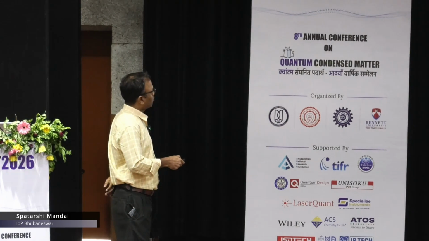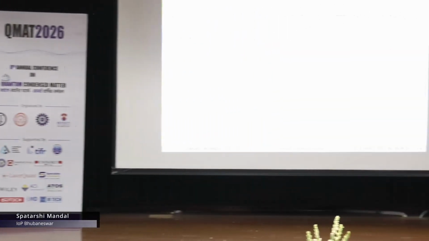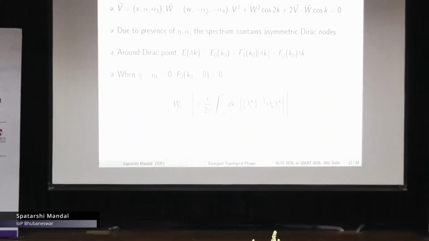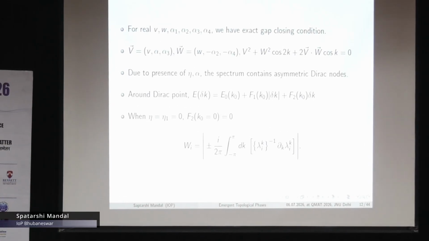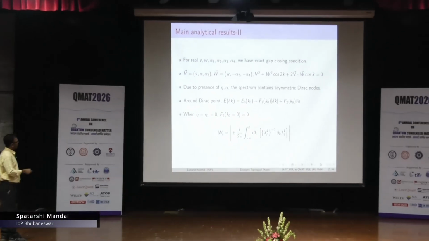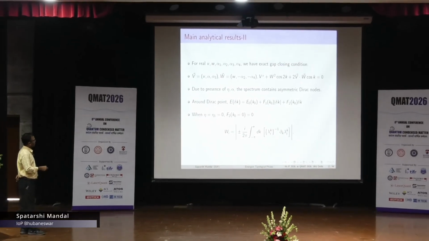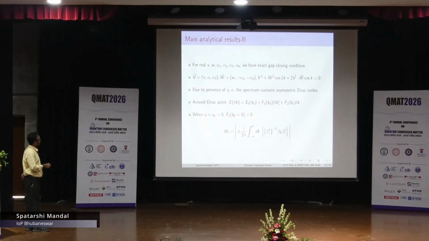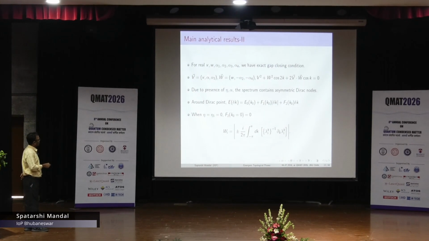Then what we found is that in the presence of all these parameters V, W, alpha 1, alpha 2, alpha 3, alpha 4, this gap closing point can be nicely put in this kind of equation, where my V is now a vector given by V, alpha 1 and alpha 3, and W is W, alpha 2 and alpha 4, and they nicely give an equation like that in the V, alpha 1, alpha 2 parameter space.